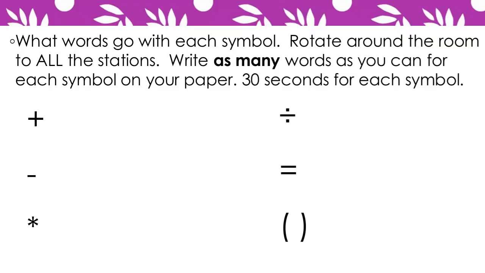Please take your pencil, or if you want to take a dry erase marker, let's probably use a pencil. And I'm going to have you rotate. You're going to have 20 seconds to write as many words as you can that give another way to say what these symbols are. Does that make sense?